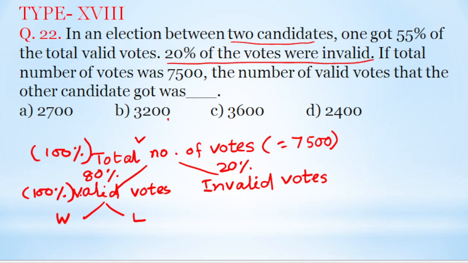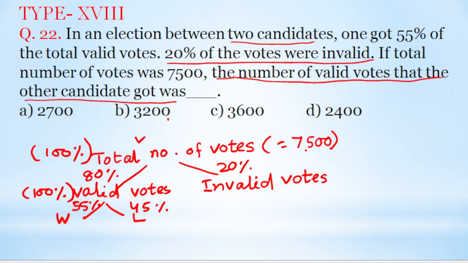Out of these 100%, 55% votes are in favor of the winner, and so the rest 45% go to the loser. It is asked: the number of valid votes that the other candidate got.